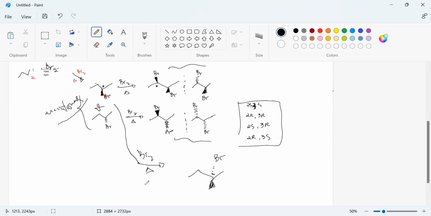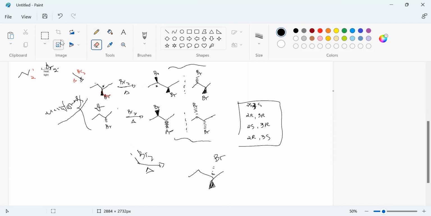Either of the two actually get the same. Okay, Br. So anyway, either of these two enantiomers you actually get the same.